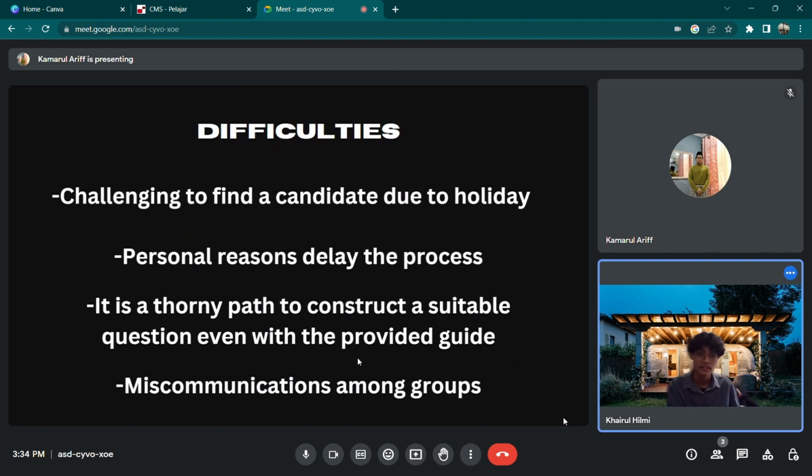And then, it is a thorny path to construct a suitable question, even with the provided guide, since we need to refer to the internet and past papers to create suitable questions for our students. And then the miscommunication among the group. This happens very commonly even in our workplace, so this is pretty much a common difficulty that we face in our daily life. Next.